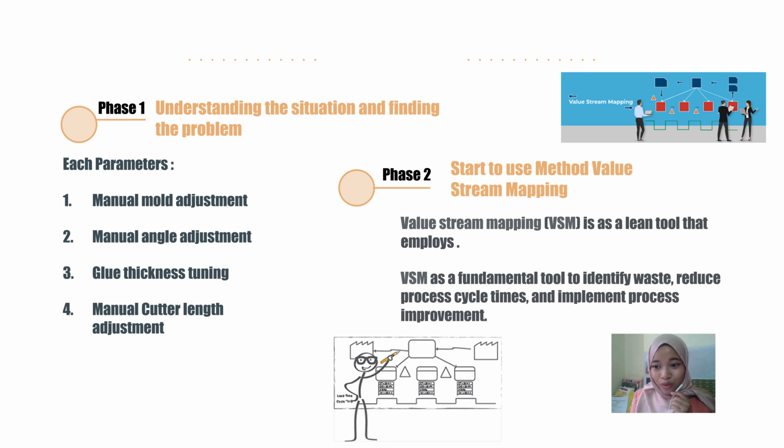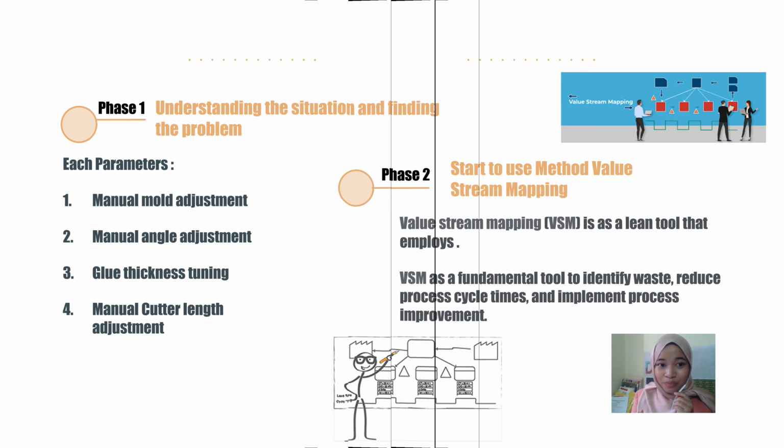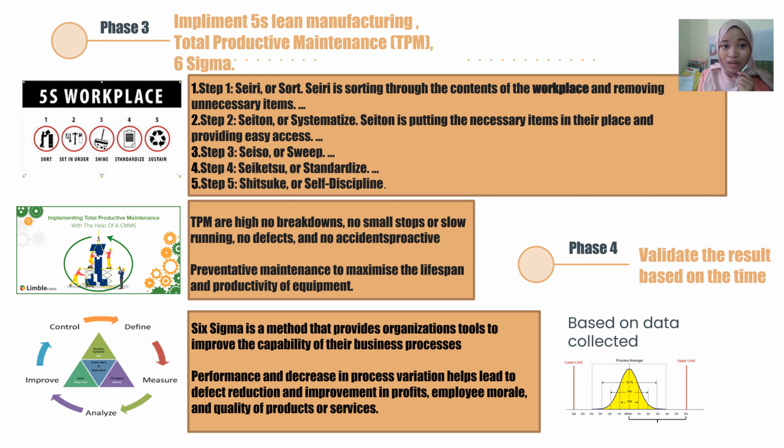So, for phase 3, implement 5S lean manufacturing, total productive maintenance TPM, and Six Sigma. For 5S in the workplace, first, sorting through the content of the workplace and removing unnecessary items.